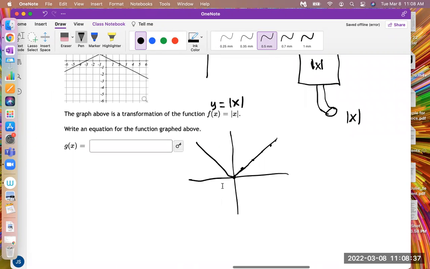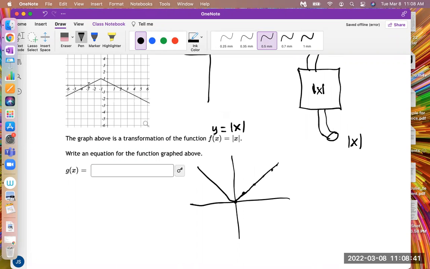All right. But notice how this other one is different. The first thing I notice is that the point here, which is the center point of the absolute value graph, is no longer at 0, 0, like the simplest function is.